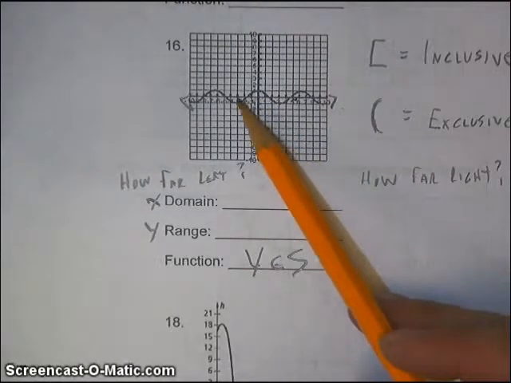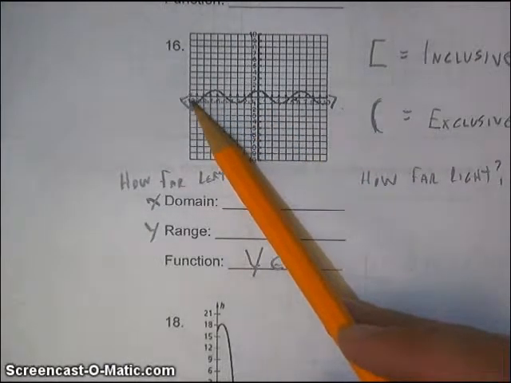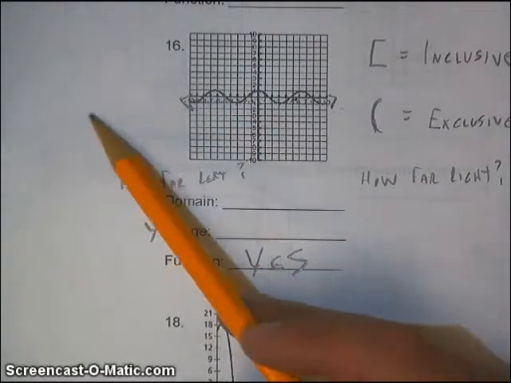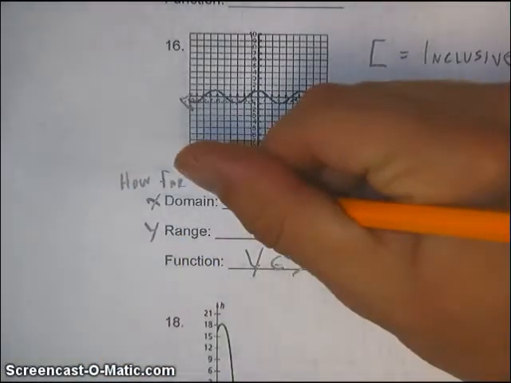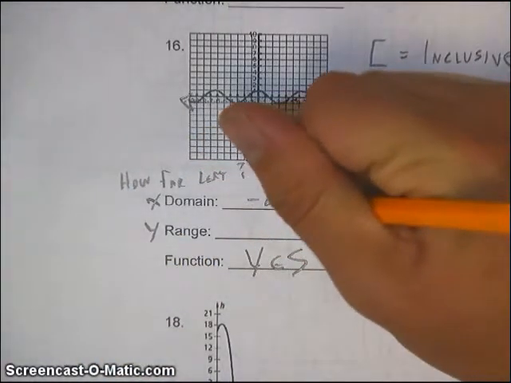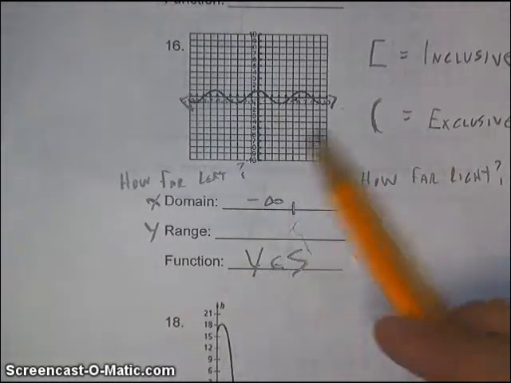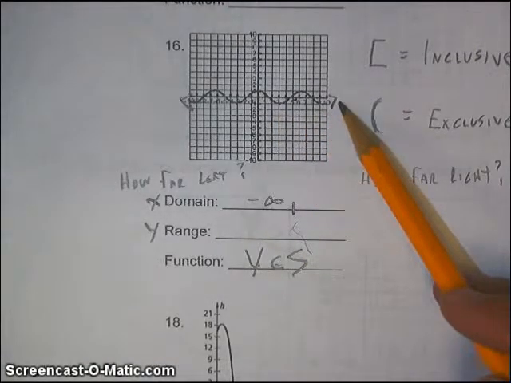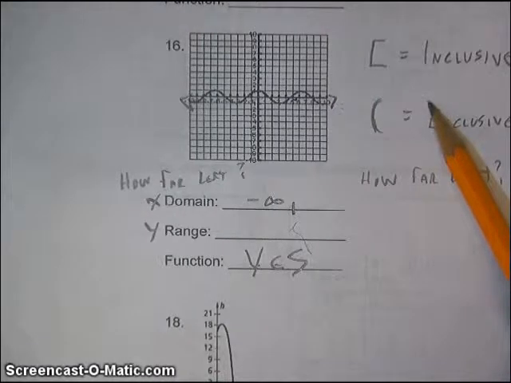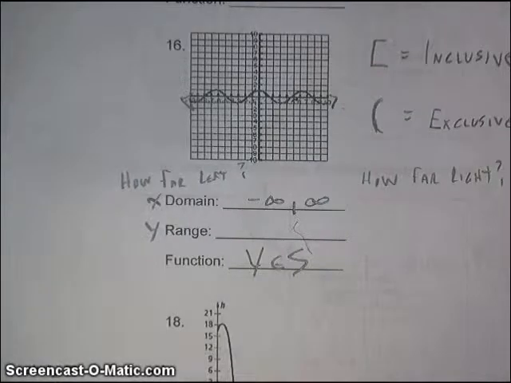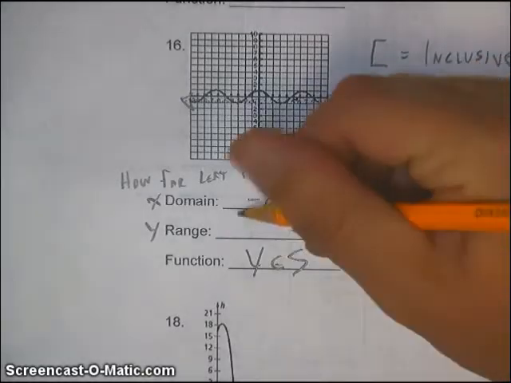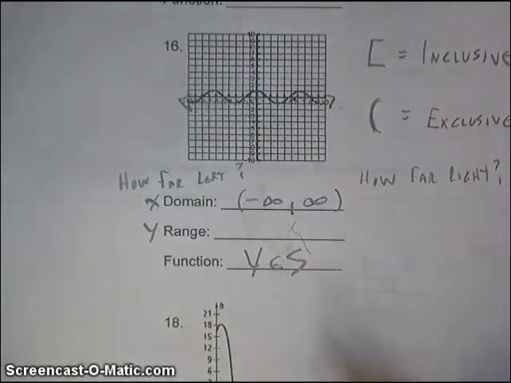How far left does this thing go? Well, it never stops going left. So what's that point way out there in the negative direction forever? We call that negative infinity. Put a little comma there. How far right does it go? Well, this thing's going to go way out there in the positive infinity direction. Now this thing approaches infinity, but because it's infinity, it'll never quite get there. So we use the exclusive parentheses. Another way you could say this is all real numbers.